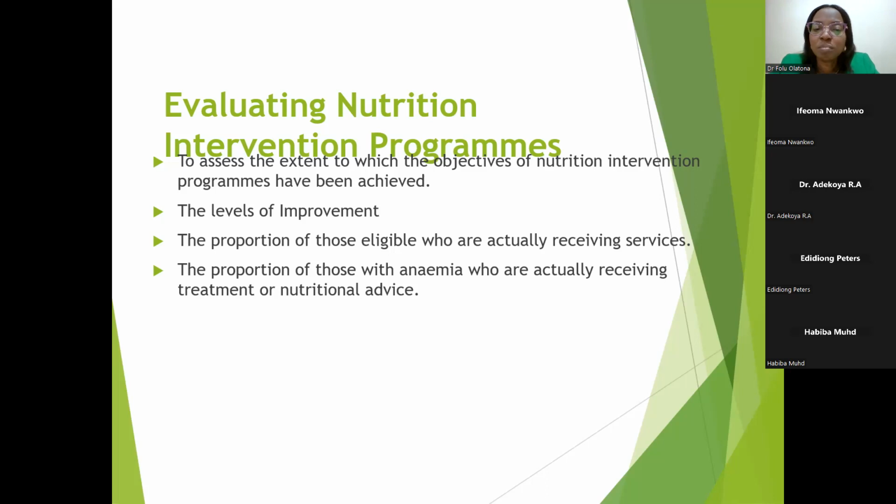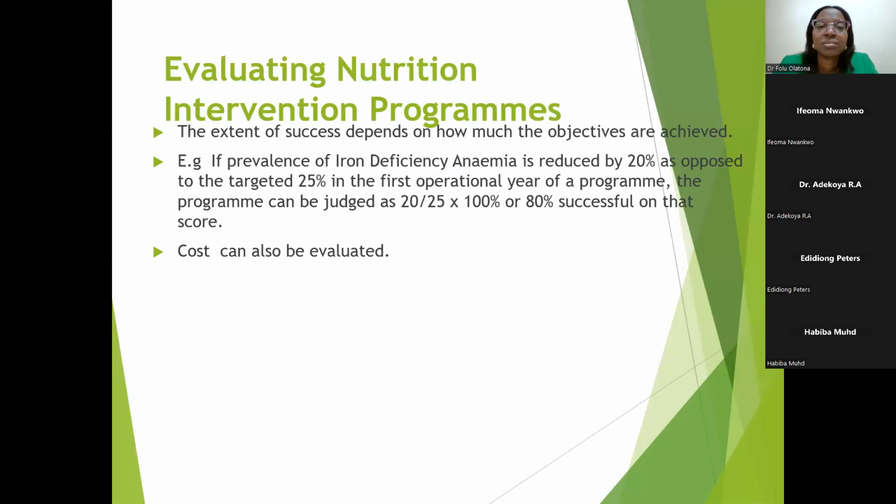Those things are important, but ultimately, what we want to achieve, that nutritional status, is what is most important to us. So we must check if anemia is what we are tackling. The proportion of those with anemia who received treatment, the proportion who received nutritional support, and then the proportion who stopped having anemia after the intervention.